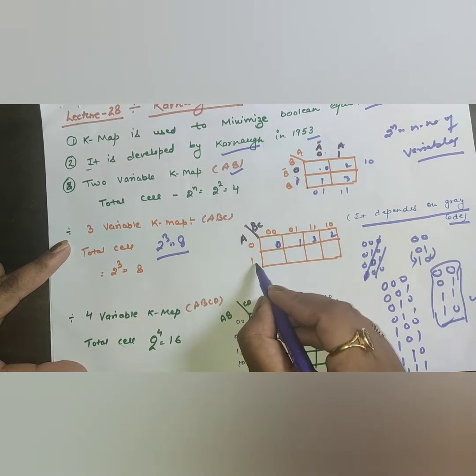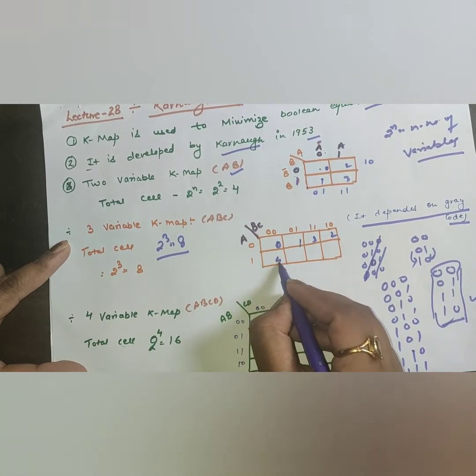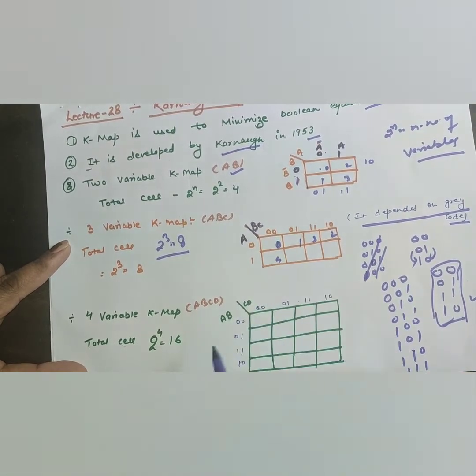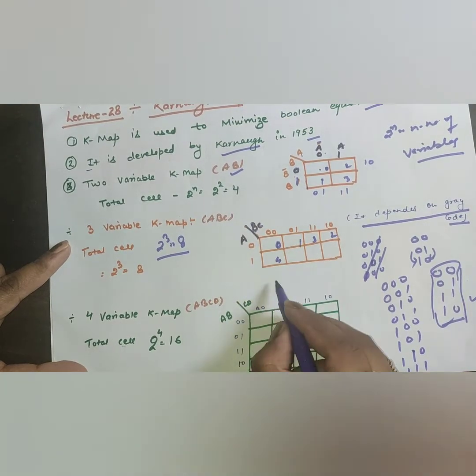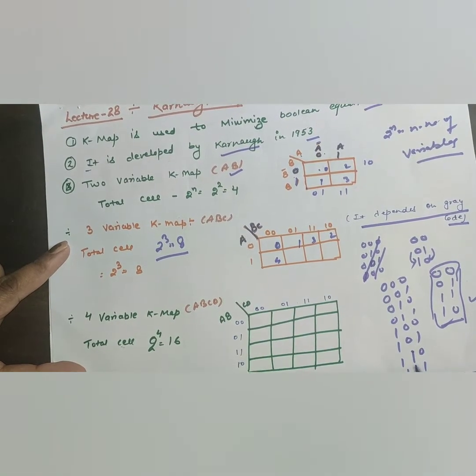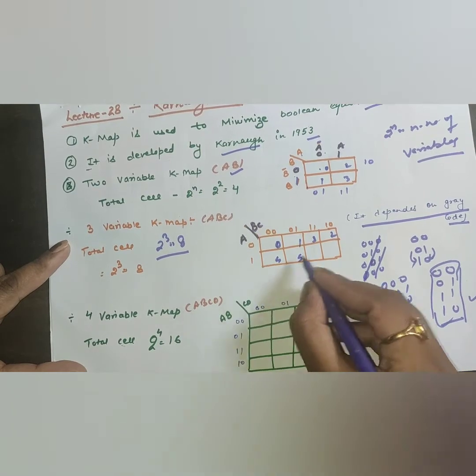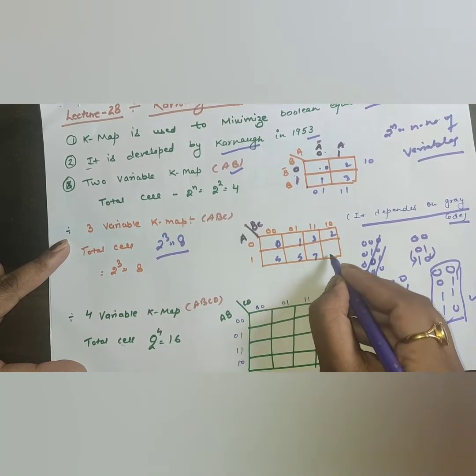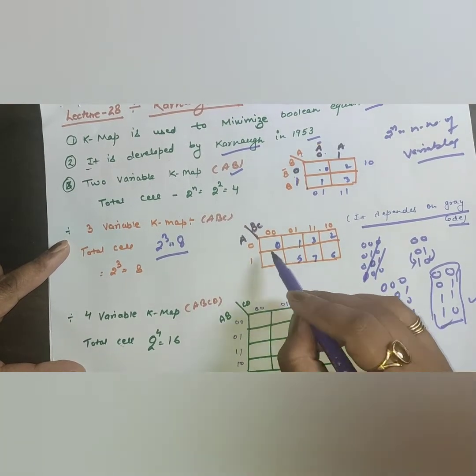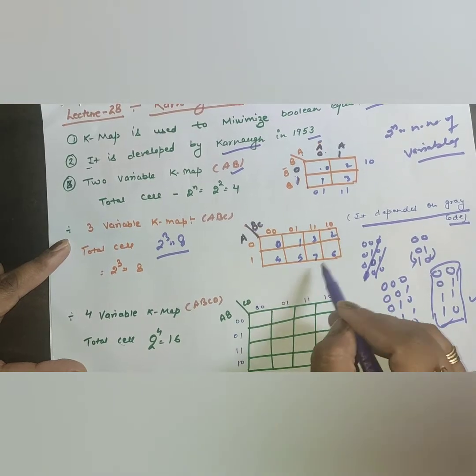Now 1 0 0 is 4, 1 0 1 is 5, 1 1 1 is 7, and 1 1 0 will be 6. The positions are 0 1 2 3 4 5 6 7.